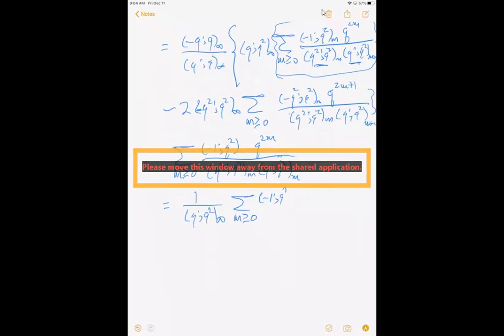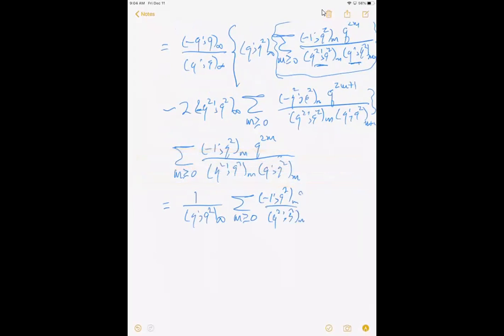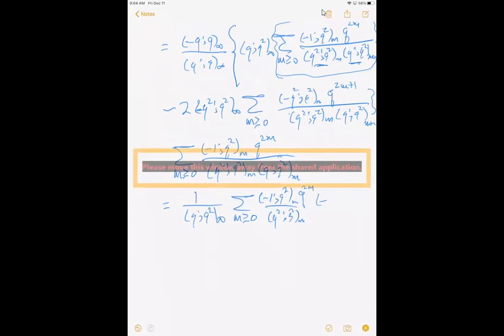Minus 1 Q squared sub m over Q squared sub m, Q to the 2m, and this would be my Q semicolon Q squared, it would be Q to the 2m plus 1 semicolon Q squared infinity.